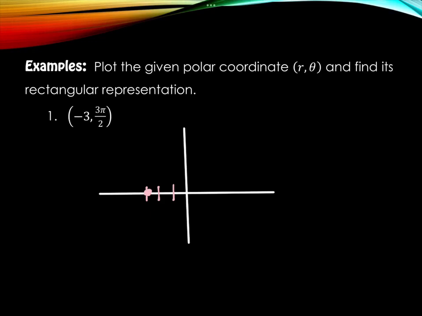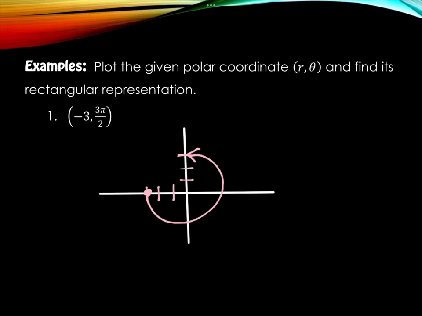Now my angle needs to start there and it needs to go around 3 pi over 2. Where is that going to place us locationally? 0, 3. Yeah, it is. So all the way around, like this, it's going to come up here. That's 3 pi over 2. And it would be up 3. So if we were looking at a rectangular value for where we are, it is the location 0, 3.